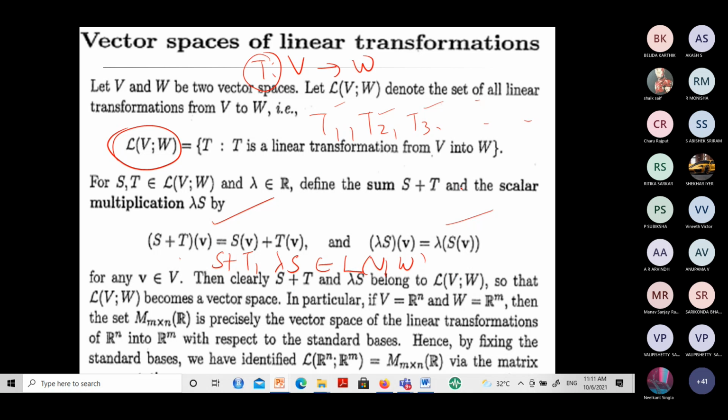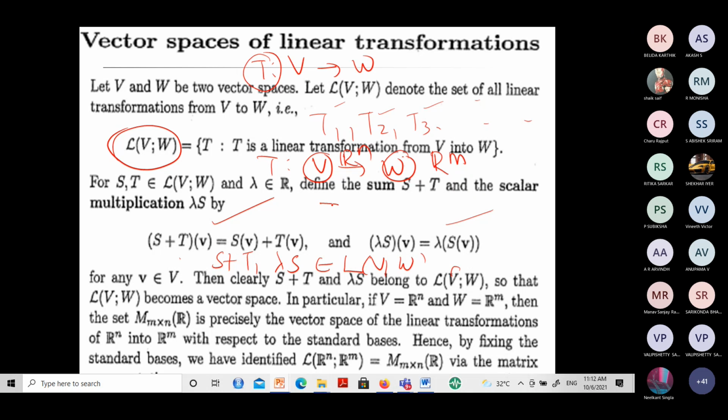Suppose I take this as R power n and this as R power m. What type of linear transformation can you define? A linear transformation which takes a vector from R power n to R power m. What is a linear transformation which will take R power n to R power m?